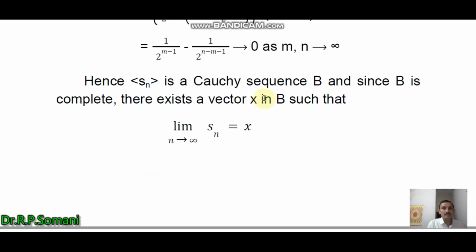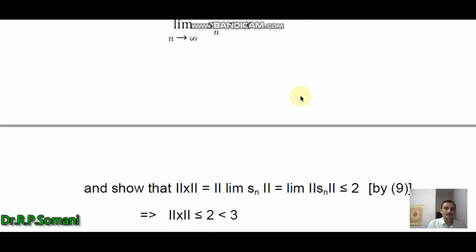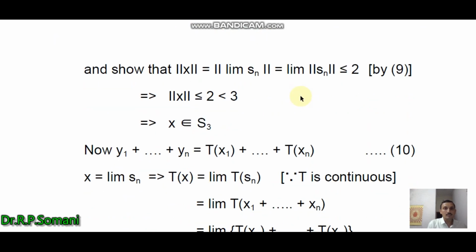Hence Sn is a Cauchy sequence in B, and since B is complete because this is a Banach space, there exists a vector x in B such that the limit as n tends to infinity of Sn equals x. So the norm of x equals the limit of the norm of Sn, because the norm is a continuous function, and this is less than or equal to 2 by equation 9.